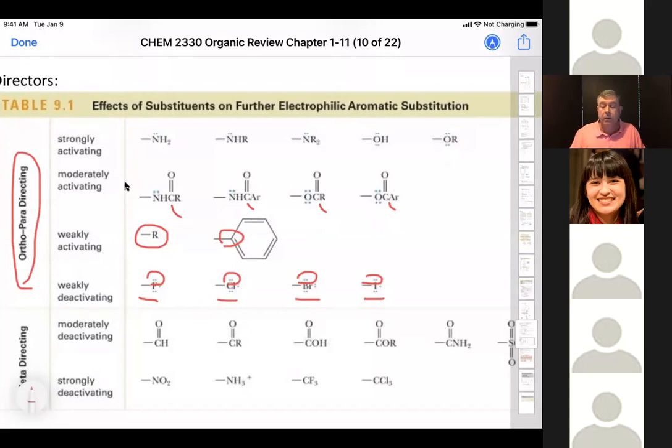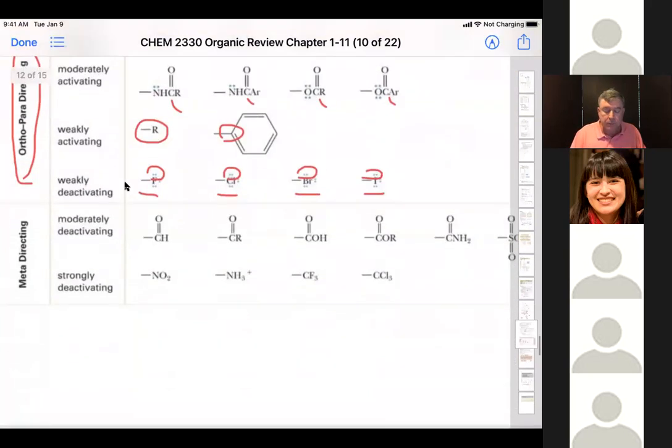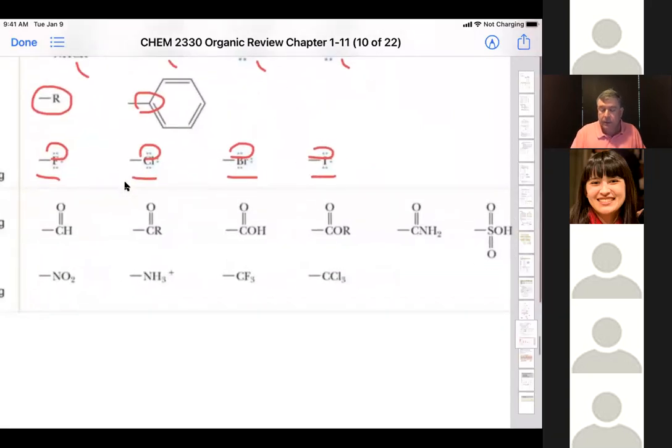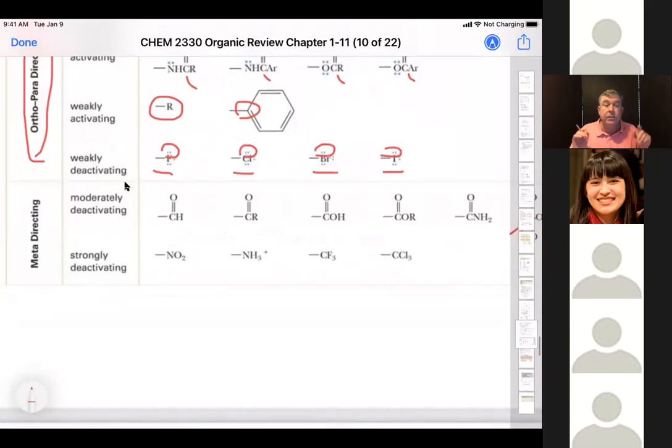Now, in contrast, all the carbonyl compounds bonded directly to our ring are deactivators, including the sulfur here, which you can think of as the sulfur analog of a carbonyl. Now, the strong deactivators are the ones that have a permanent positive charge right next to the benzene ring.